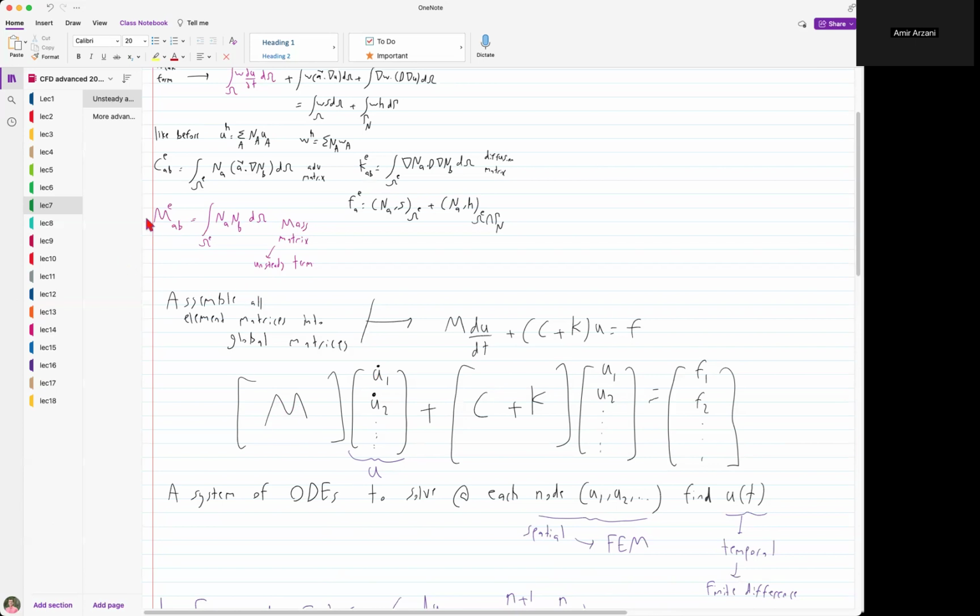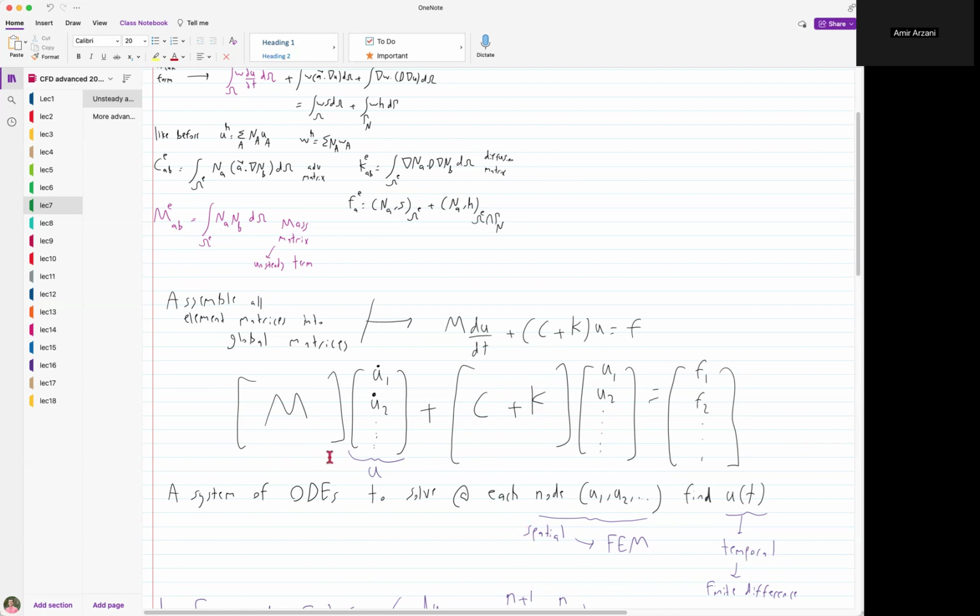M is the mass matrix, which we know. Then we have the advection and diffusion matrices, which we also know, multiplied by the unknown degrees of freedom. And then we have the known right-hand side. So here, in the steady case, we just solved a linear system of equations, just this part, but now we have an unsteady problem. So it's a system of ODEs that we have to solve.